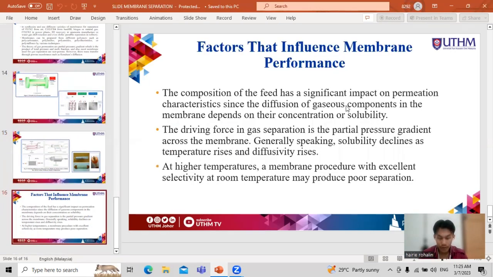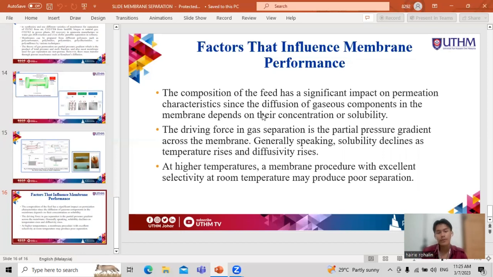Okay. There are several factors that influence membrane performance. The composition of the feed has a significant impact on the permeation characteristic, since the diffusion of the gaseous components in the membrane depends on their concentration or solubility.